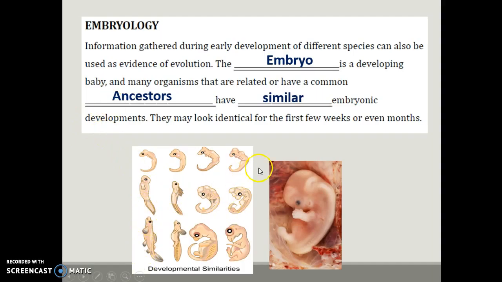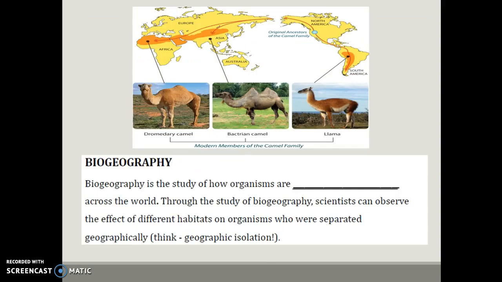Here you're looking at 4 different organisms, and in the later stage you can see that they're very different. But early in the embryo stages, you can see how they are very, very similar. So this helps us prove that evolution, in fact, does happen.